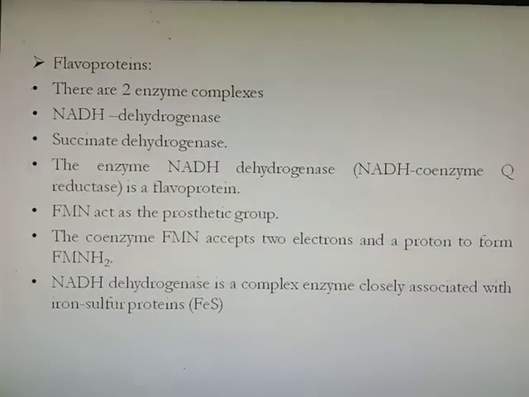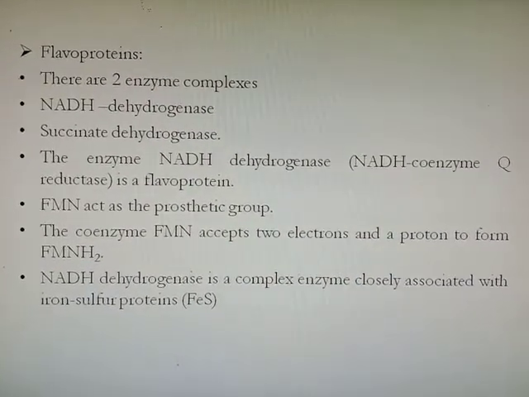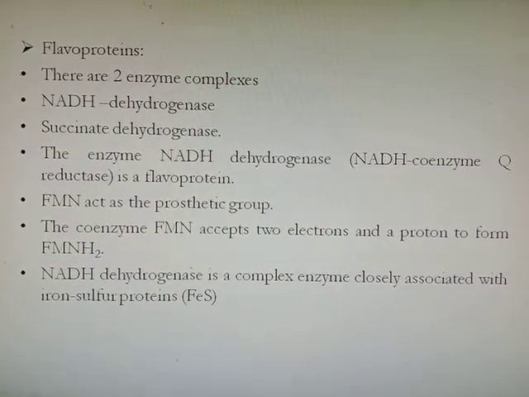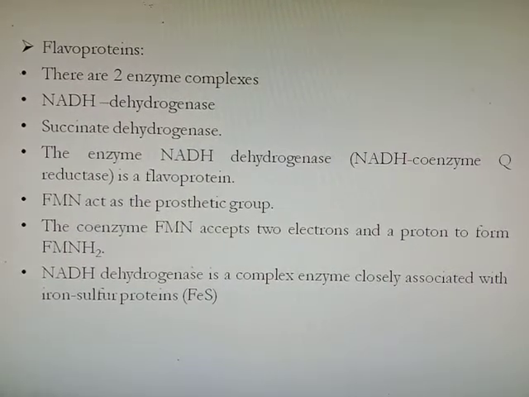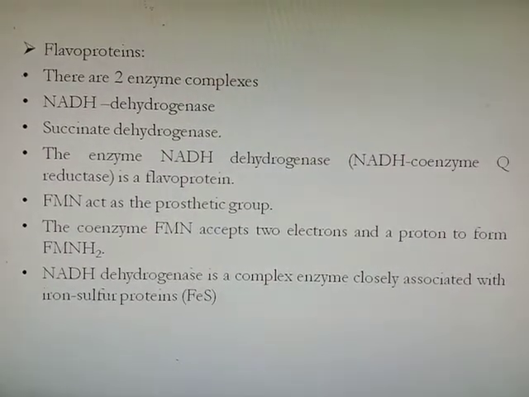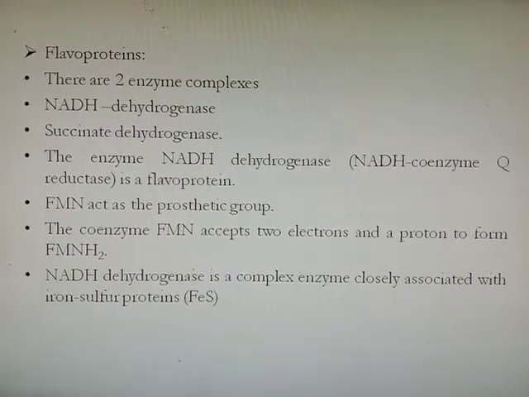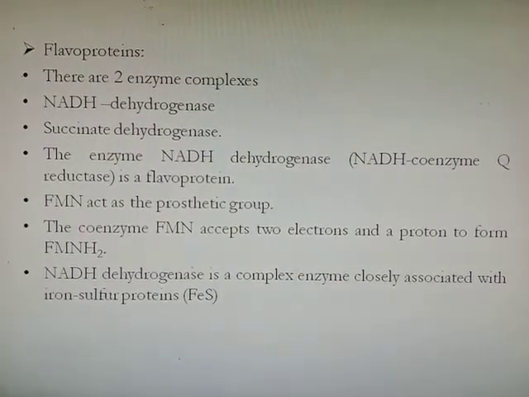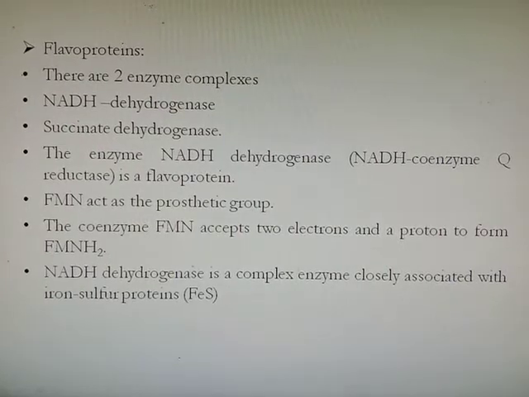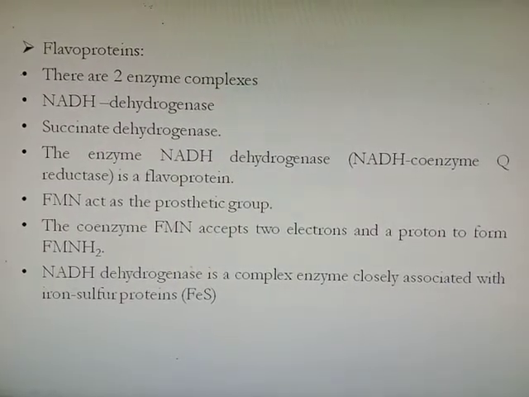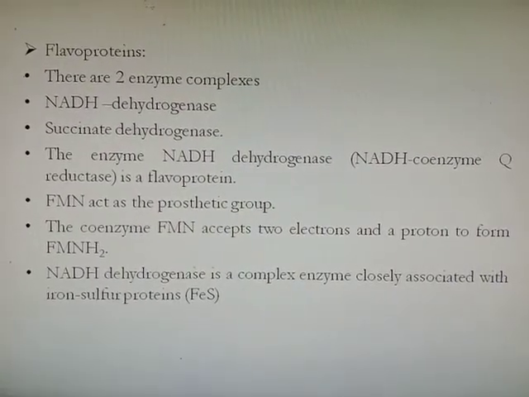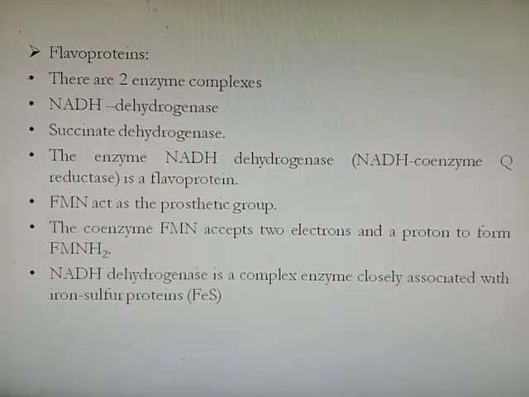Then next are flavoproteins. In flavoproteins there are 2 enzyme complexes. First is NADH dehydrogenase and second is succinate dehydrogenase. The enzyme NADH dehydrogenase, also called NADH coenzyme Q reductase, is a flavoprotein, and FMN acts as a prosthetic group for NADH.